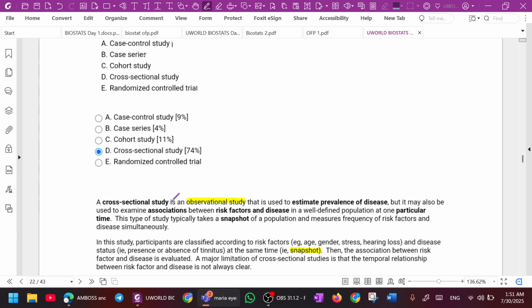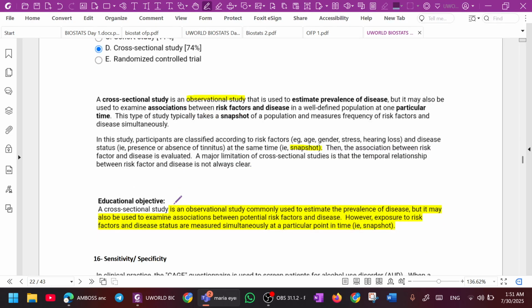So, you read the explanation. A cross-sectional study is an observational study that is used to estimate prevalence of the disease, and it may be used to examine the association between the risk factor and the disease in a well-defined population at one particular time. This type of study typically takes a snapshot of a population and measures the frequency of risk factor and disease simultaneously.